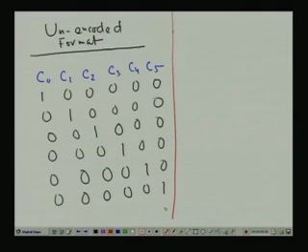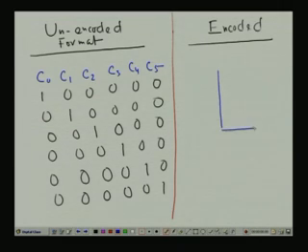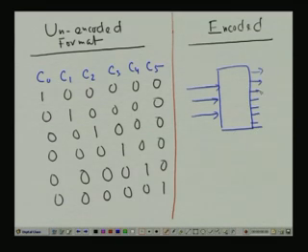Now, if it is encoded one, we use a decoder. For 5 outputs, we need a 3 to 8 decoder.